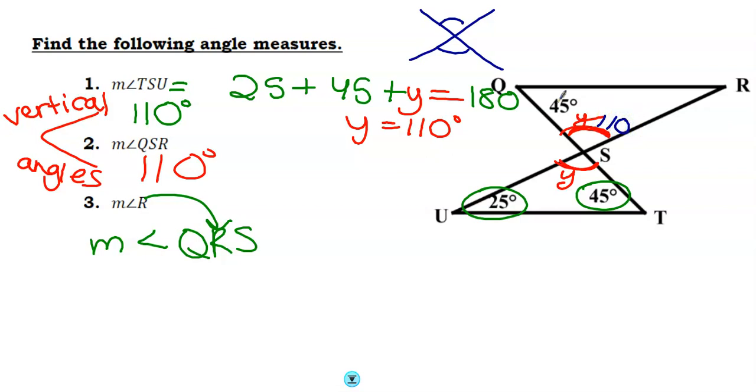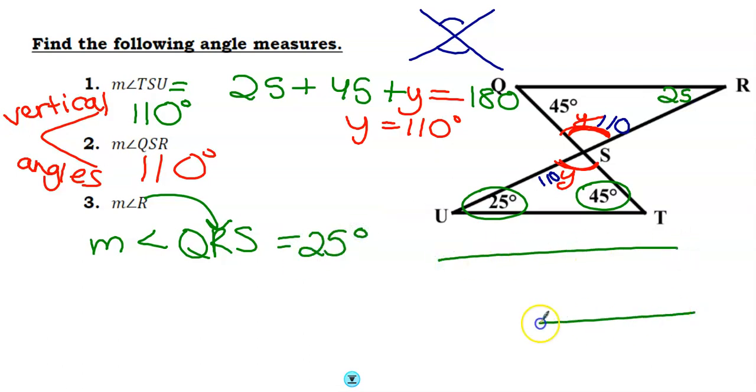Okay, so if this is 110 and that's 45, let's look at this one. I have 25, 110, and 45, right? So if this is 45 and that's 110, well, it looks like it's going to be 25 degrees. And why on earth is it going to be 25 degrees?